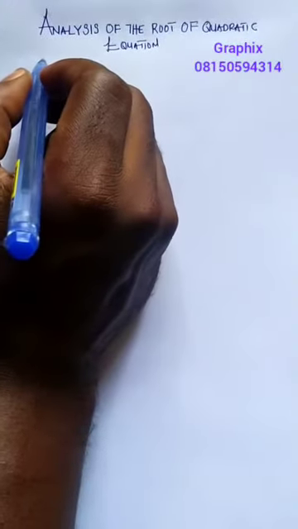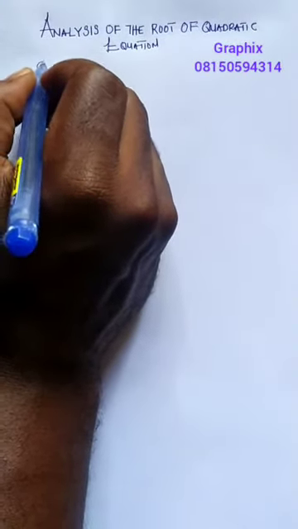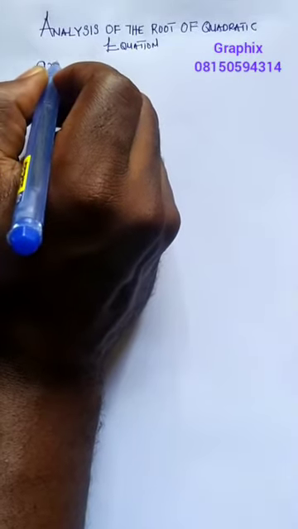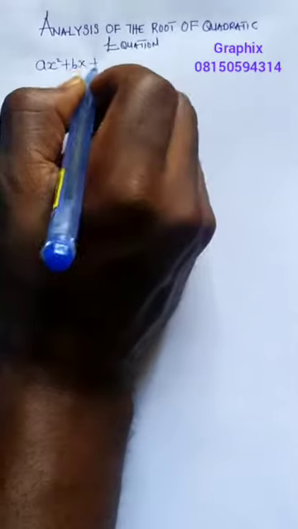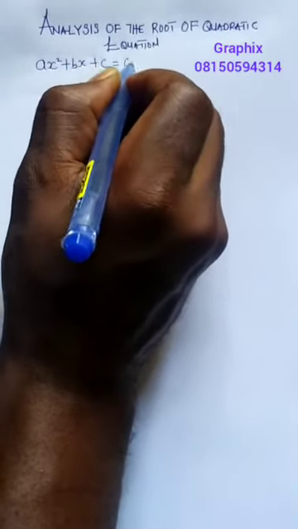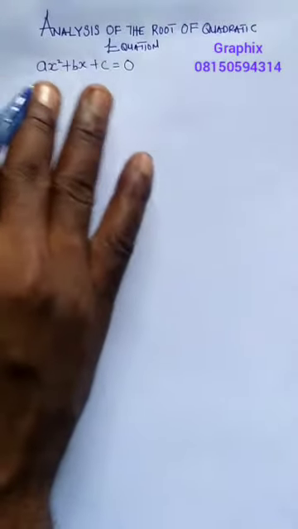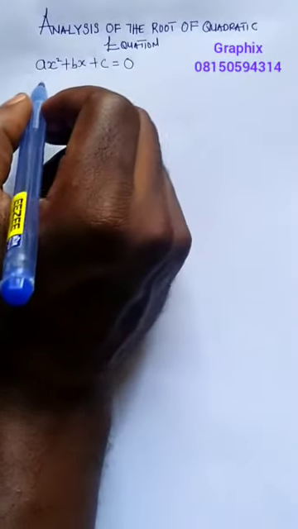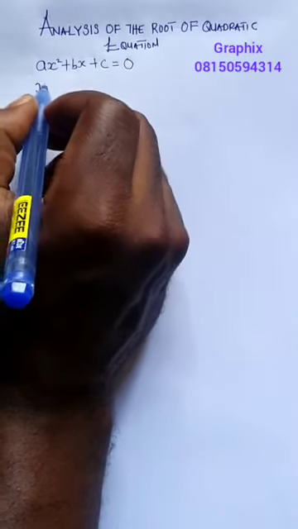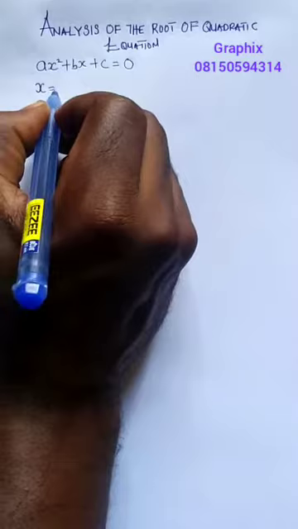Today we'll be looking at the analysis of the roots of quadratic equation. Now, quadratic equations are always in the form of what? ax squared plus bx plus c equals 0. Now, when you solve this using the completing the square method, you have that x is equal to what?